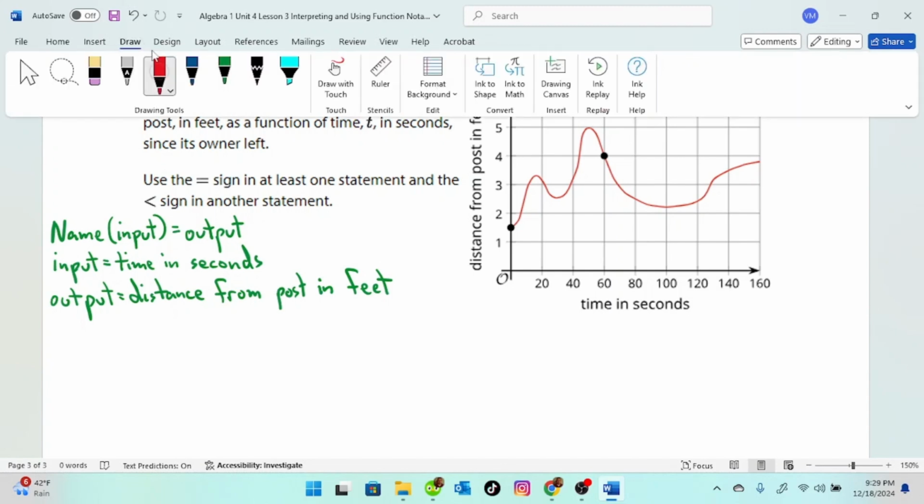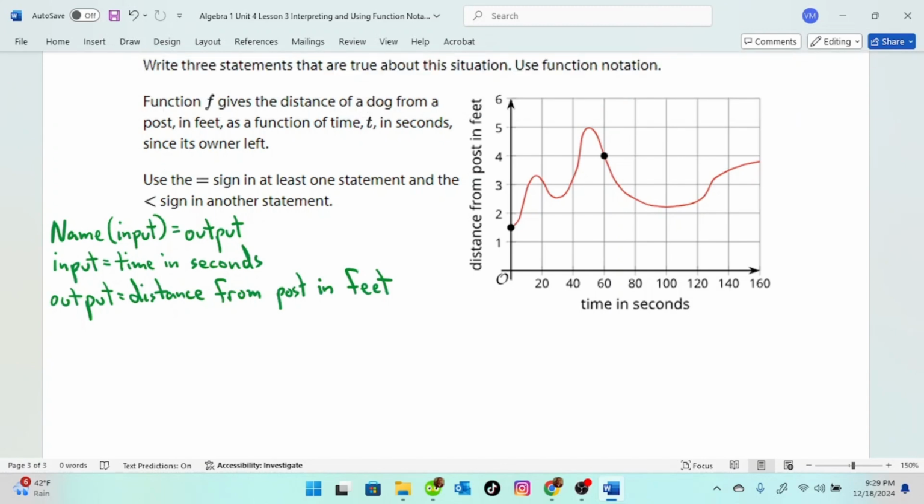So, we want to come up with 3 statements that could be true, or that are true. Use the equal sign for one of them. So we want to find 2 points that look like they're equal.